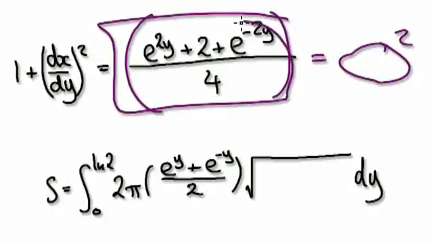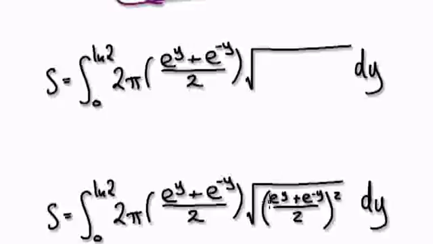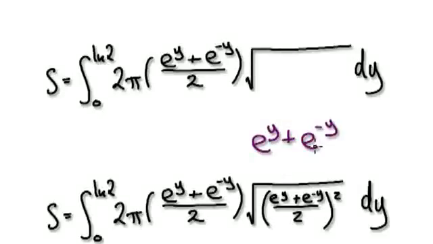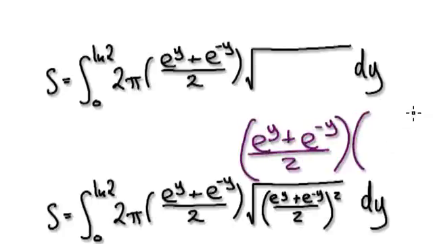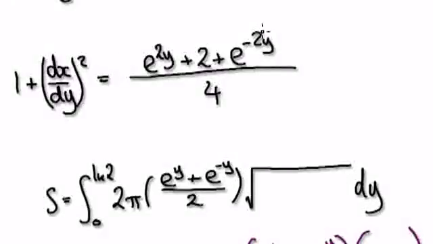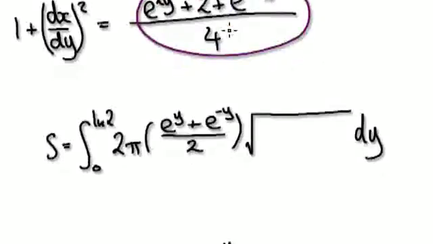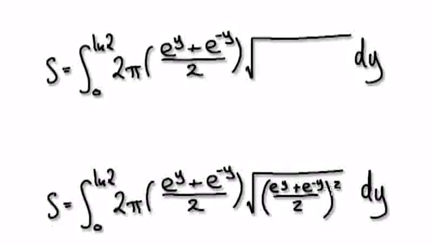This thing here can be written as this thing squared, because if you look at this, here is e to the power of y plus e to the power of minus y, over 2. If you square this, it will give you this thing here. So you can rewrite this in the form of this squared.